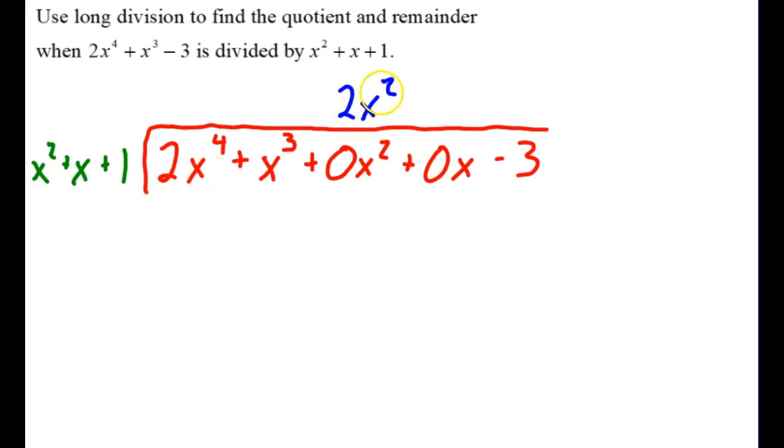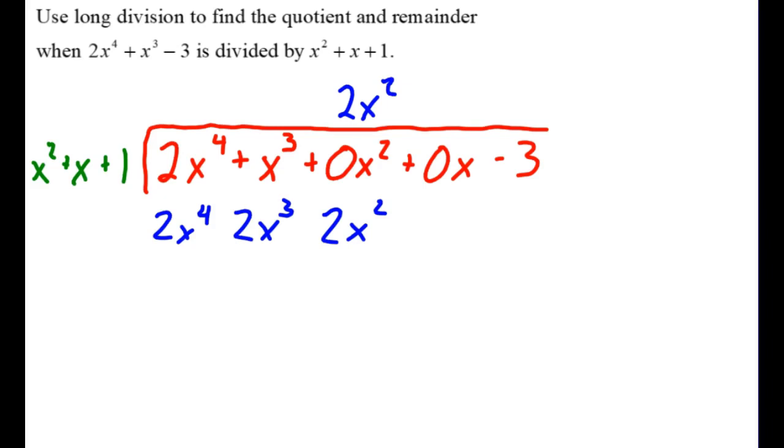I write my 2x squared term over here so that it lines up vertically with the x squared term I started with. Now we have to take this 2x squared and multiply it by all three terms in our divisor. So 2x squared times x squared, 2x to the fourth. 2x squared times x is 2x cubed. And then 2x squared times 1 is 2x squared.